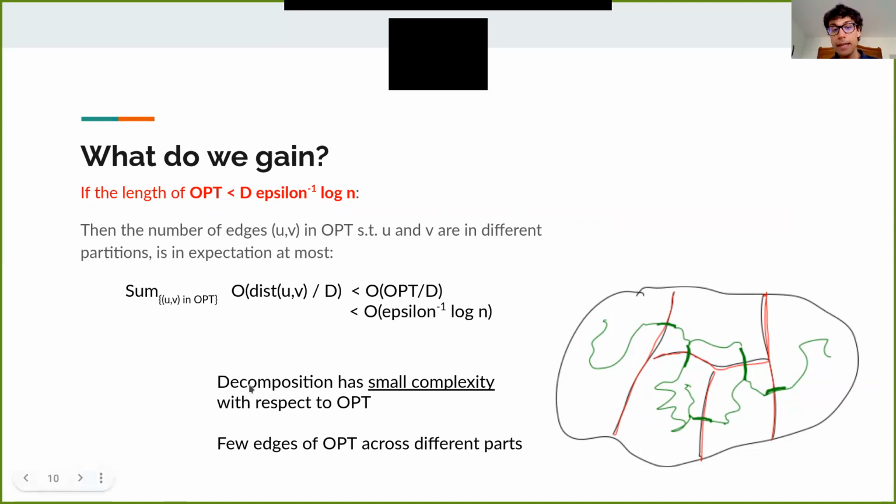So if we try to decompose the graph into pieces that satisfy this property, with the padded decomposition, we get a decomposition that has small complexity when opt is not very long. And why? Because now we have these different partitions, but the number of edges crossing the parts of the partition is at most log n over epsilon.